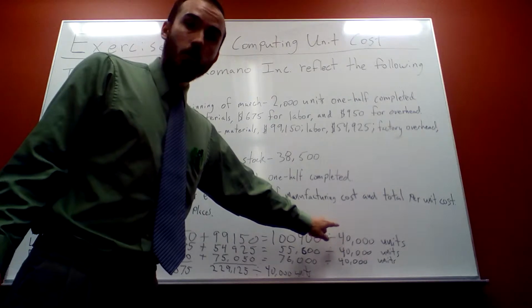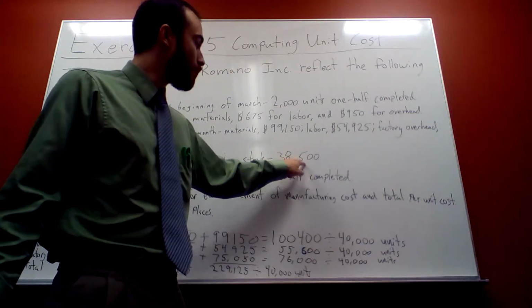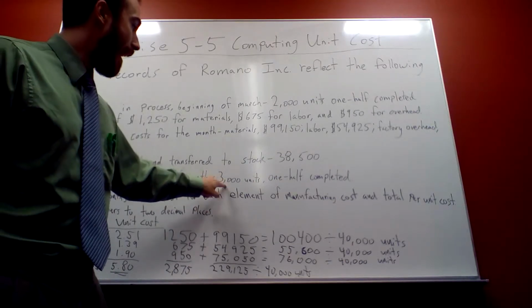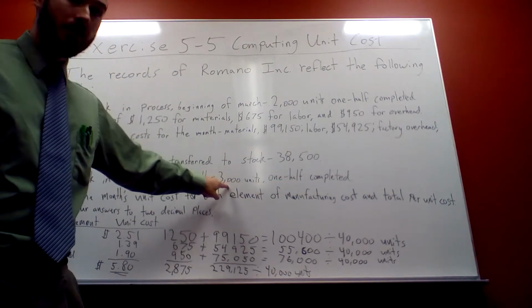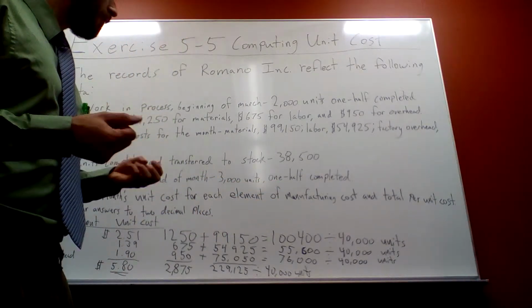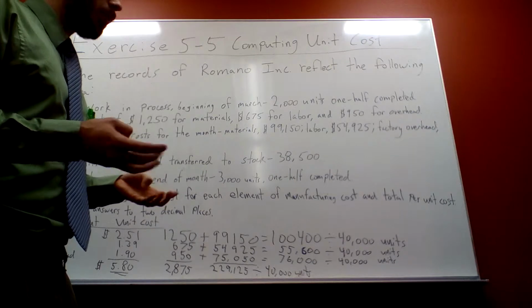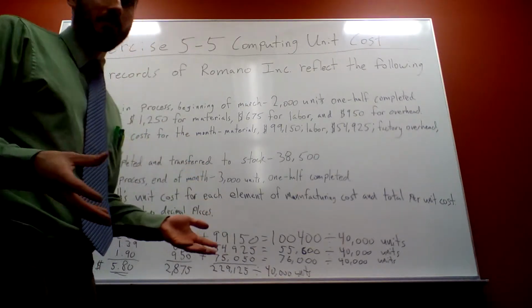If you're wondering where I got that number, you take the 38,500 plus half of the 3,000 units, which is 1,500, which gives us our equivalent units of production.